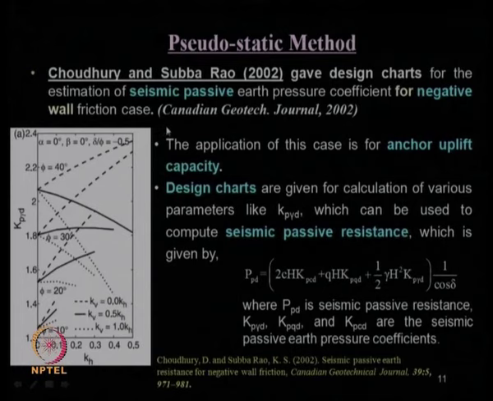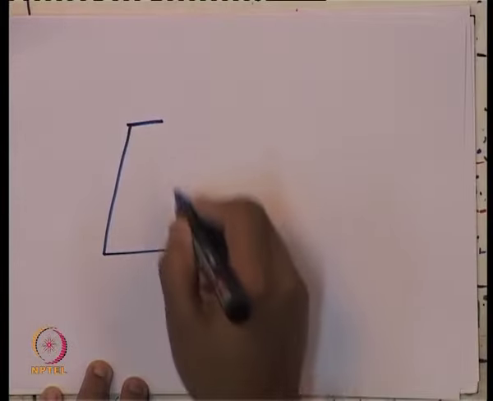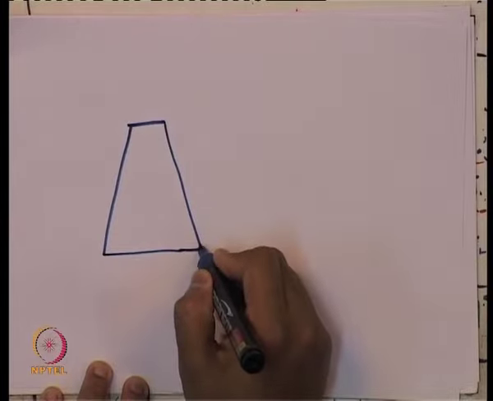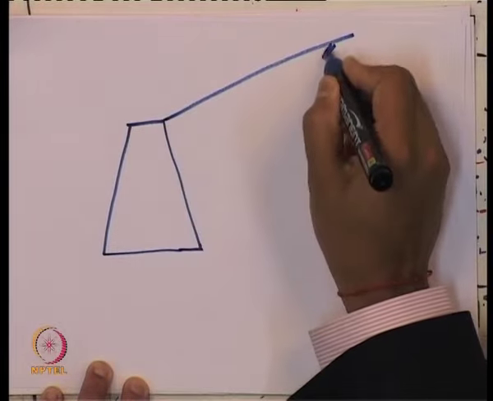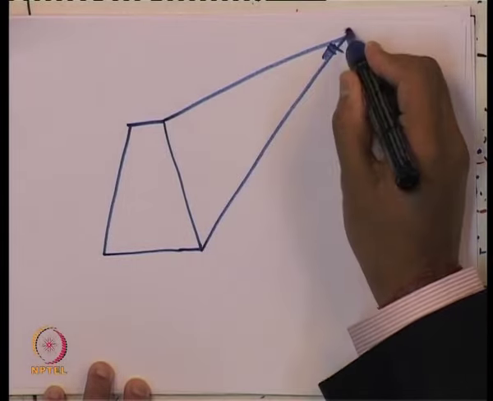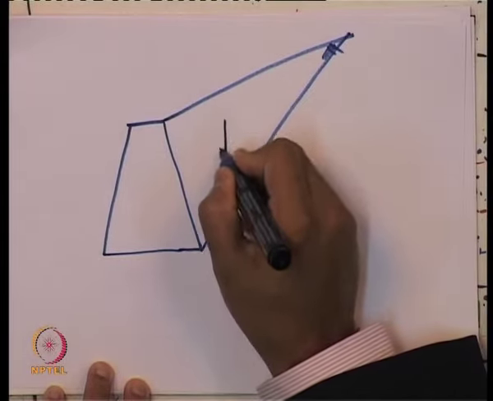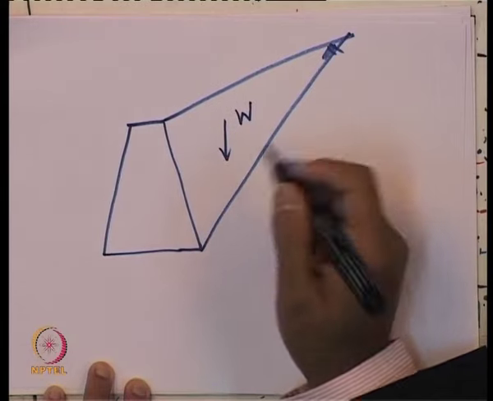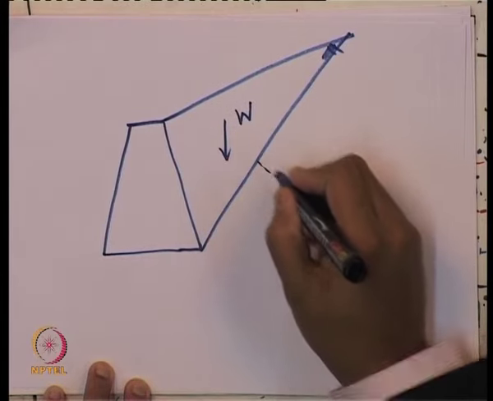When we are talking about the passive condition of earth pressure, as we have already mentioned, for the passive state of earth pressure on a rigid retaining wall, if we have ground like this and this is the failure plane, we have the weight of this.